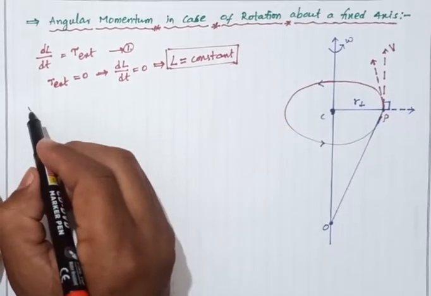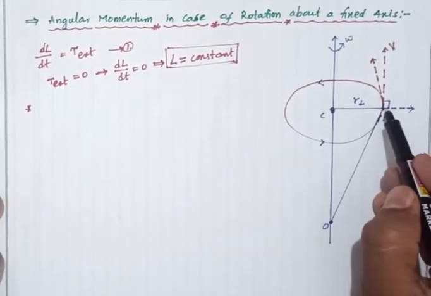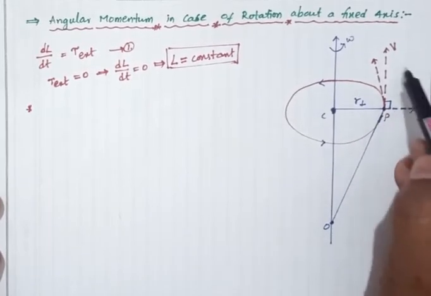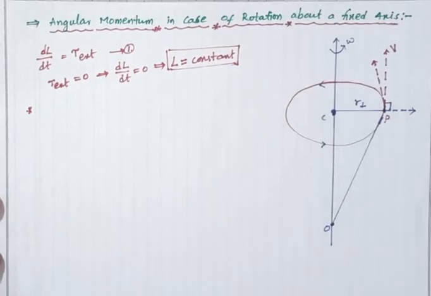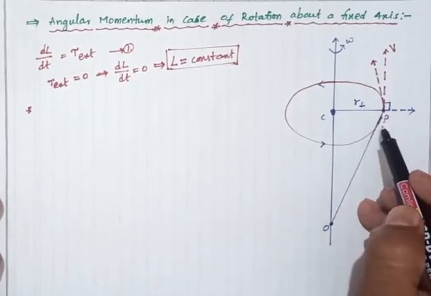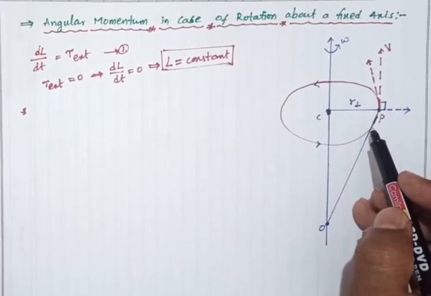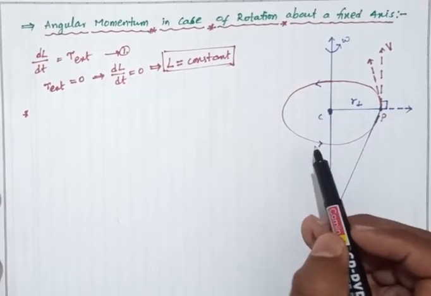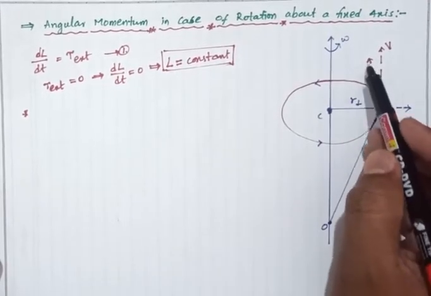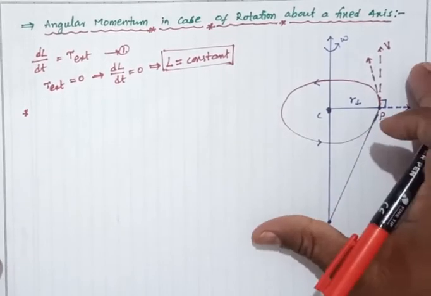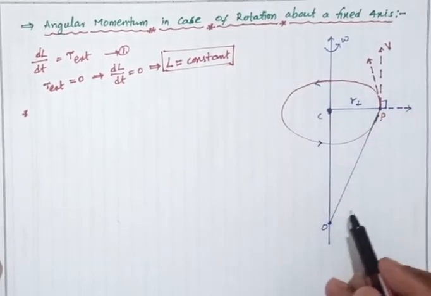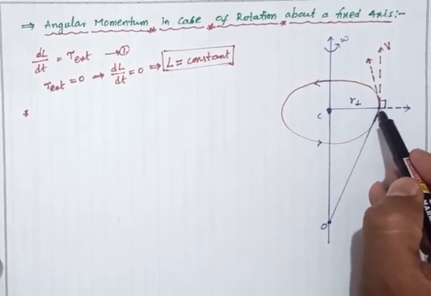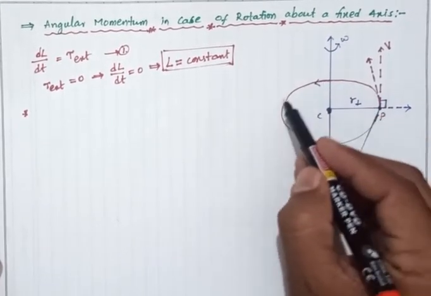Now we consider a typical single particle. This is a rigid body, either symmetric or non-symmetric. So we first of all consider a rigid body, with its origin. A particle P of this rigid body rotates.